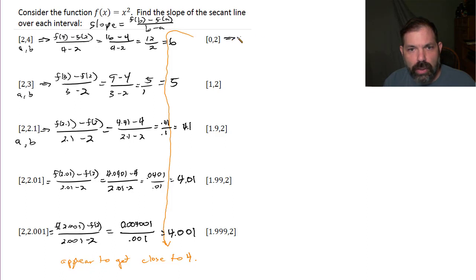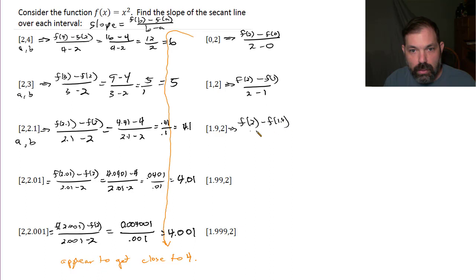So then I'd have f of 2 minus f of 0 over 2 minus 0. Here this would be f of 2 minus f of 1 over 2 minus 1. Notice that the f of 2 isn't changing, and the 2 isn't changing. f of 2 minus f of 1.9 over 2 minus 1.9.